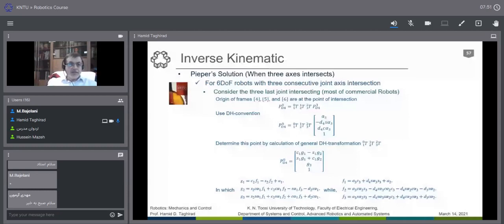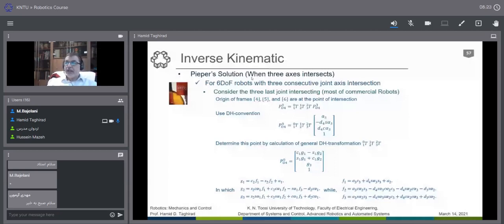As we mentioned in the last session, there is a theorem given by Pieper, which we call the Pieper solution: when 3 axes of a 6R manipulator intersect, then we can decompose the position and orientation inverse problem into 2 separate problems, and then we can solve them quite easily.